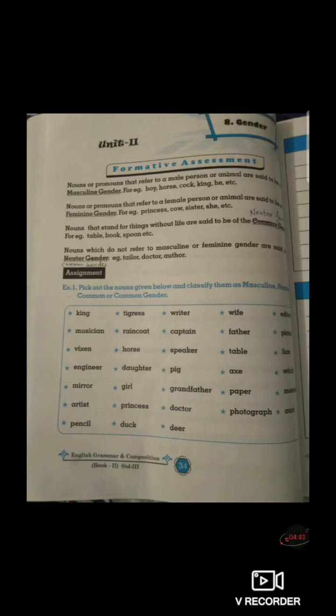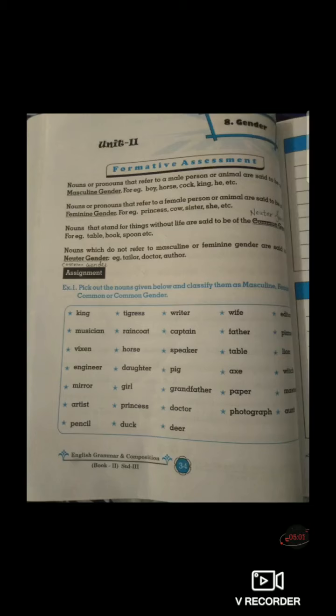Students, see, there also the neuter gender is not written. It is written common or common gender. So cancel that common word and write over there neuter gender. Understood, students, everyone?